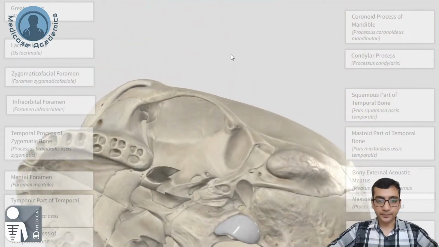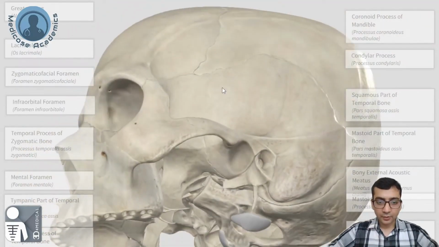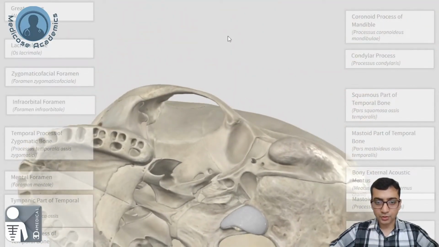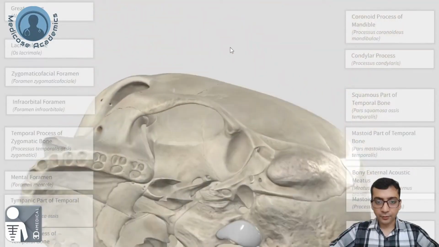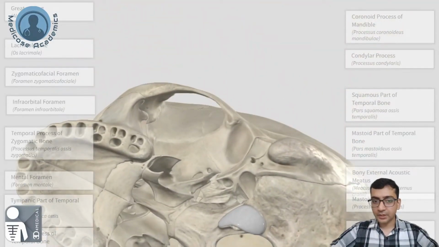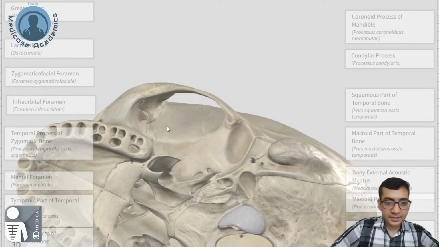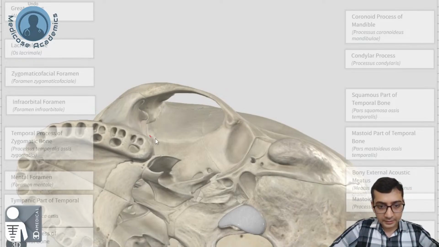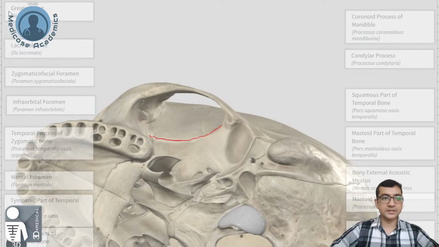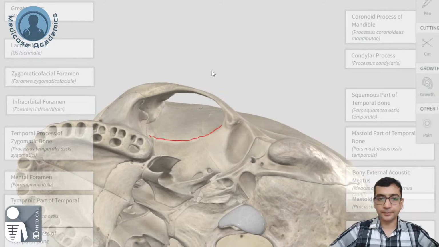Inferior is a little tricky. Inferior one consists of this opening. If we look at it from below, you may be able to appreciate this line that is present right here, this line that is present right here.